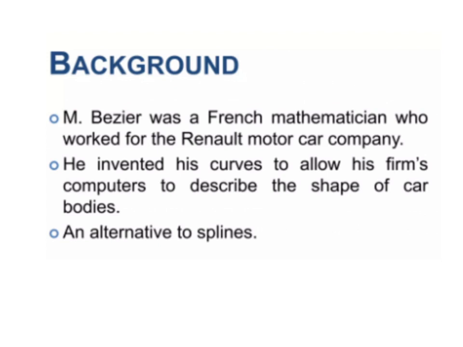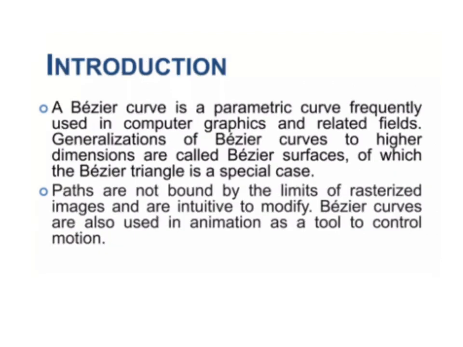Bezier curves have a number of properties that make them highly useful and convenient for curve and surface designing. A Bezier curve is a parametric curve frequently used in computer graphics and related fields. Generalizations of the Bezier curve to higher dimensions are called Bezier surfaces, of which the Bezier triangle is a special case. They are also easy to implement.